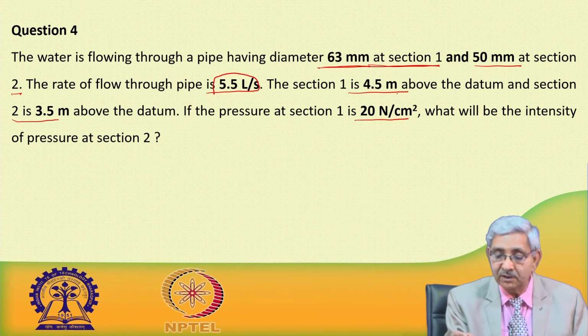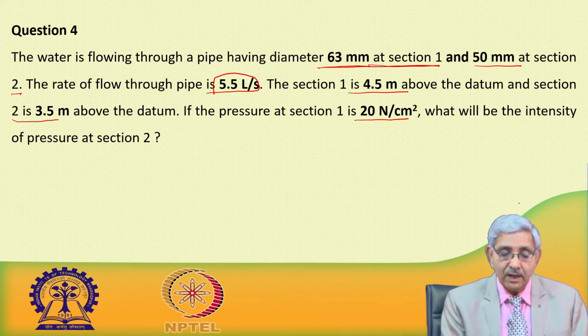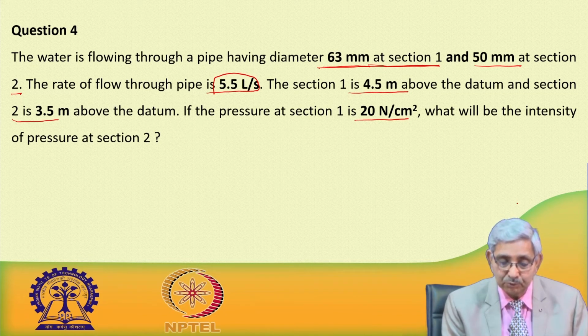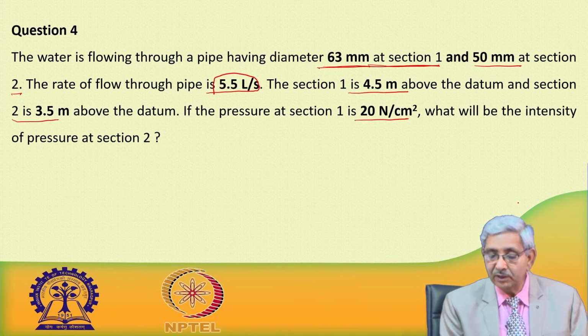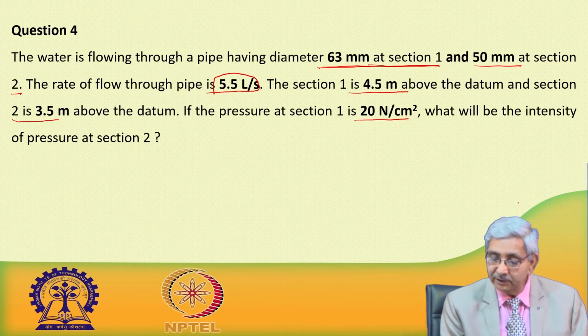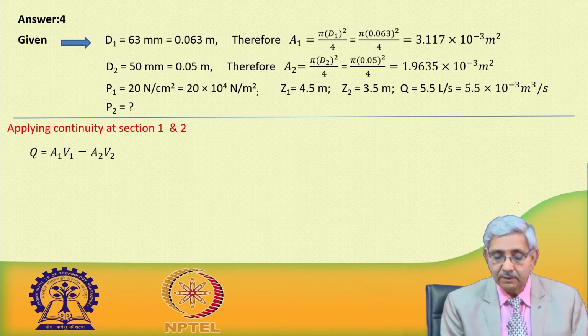There is an inclination, that is 4.5 meter is the elevation head, and then the pipeline at section 2 is at 3.5 meter. So, the pipe is not at the same level, and the pressure at section 1 is 20 Newton per centimeter square. We need to determine the pressure head at section 2.